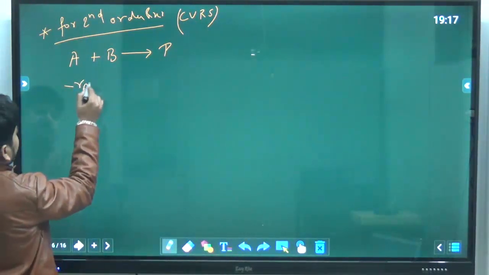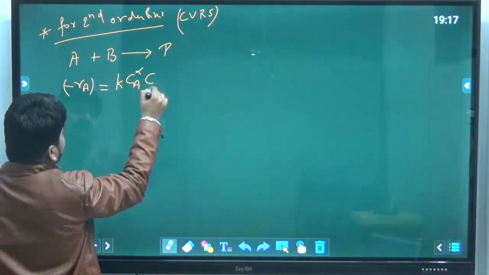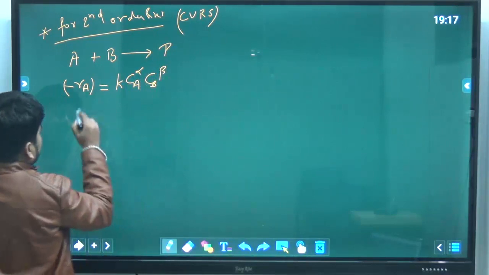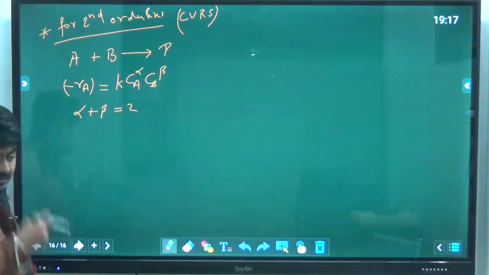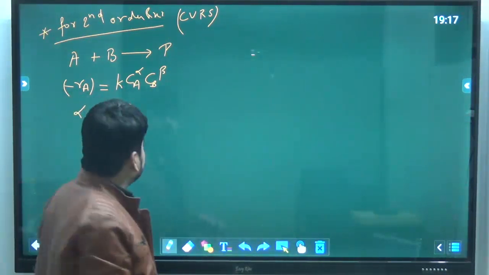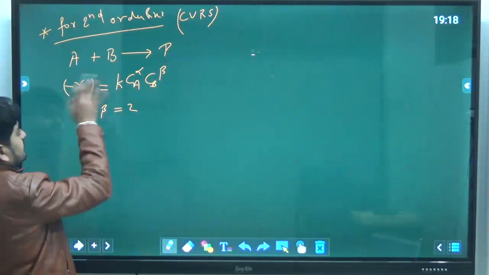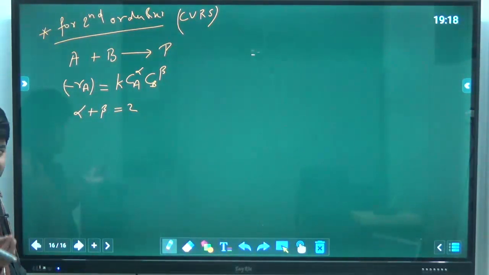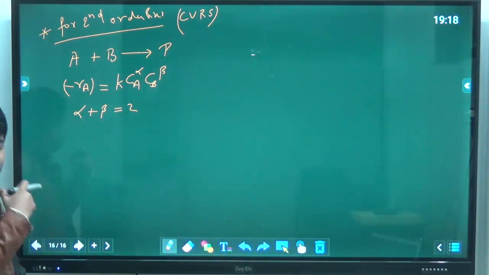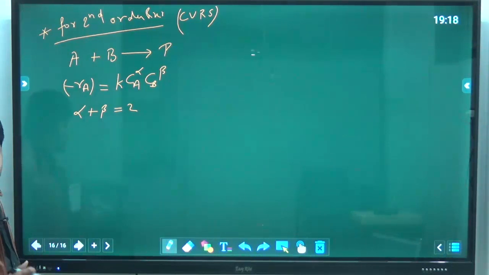So here what will be the rate equation? I will say the rate equation is minus RA is equal to K CA power alpha CB power beta, and alpha plus beta is equal to 2, obviously. How to find out the kinetic equation is simple. You can do that, that's not a big deal. So I am taking one example by which you can find out the kinetic equation for any second order reaction of this category in which we have two or more reactants.